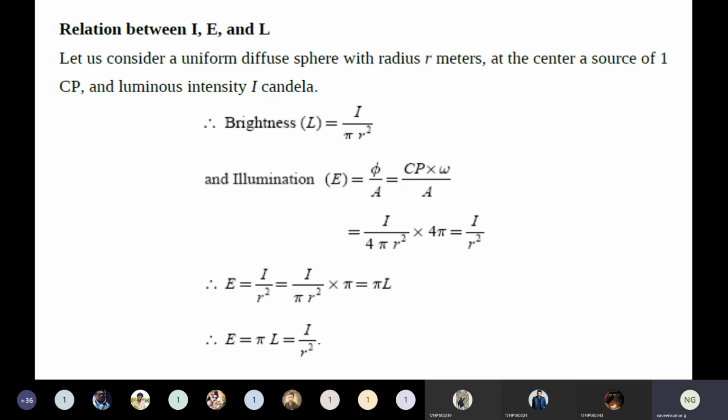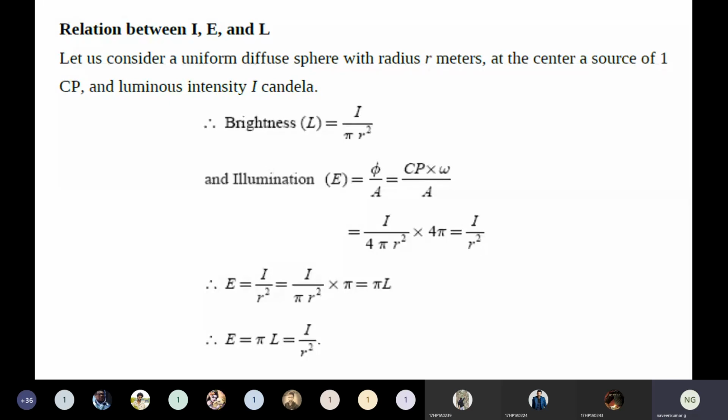So the source is at the center with 1 candle power. So we define brightness as luminous intensity by area. Area of the sphere is given as pi r square. So that is I divided by pi r square, equation 1.